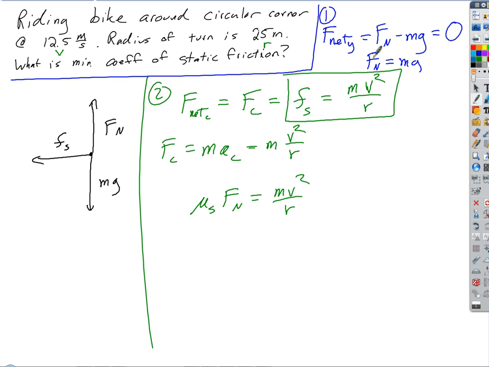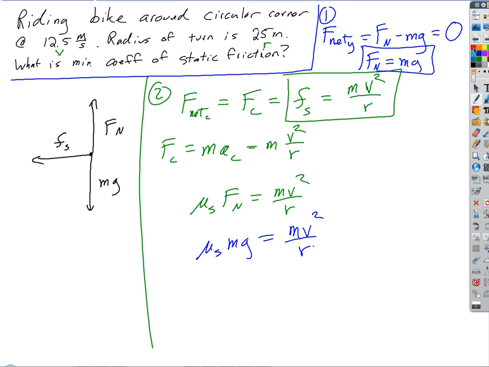If I isolate normal force, right? So we can make that substitution. Makes sense, doesn't it? Because the only forces acting vertically are normal force and weight. They're acting in opposite directions, so they must be equal and opposite, right? So if we make that substitution, we get mu sub s times mg equals mv squared over r.